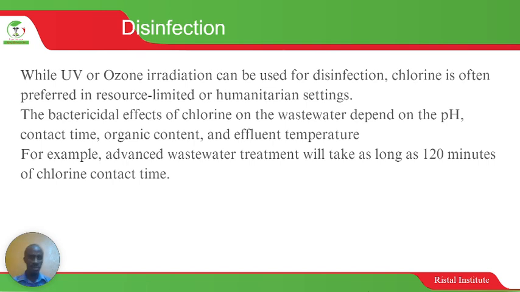So advanced wastewater treatment, or that wastewater treatment that aims at producing this water that will be used for irrigation of crops that are going to be fed on by human beings, might even take as long as 2 hours of contact time with chlorine, okay, or 120 minutes of chlorine being fed into that system so as to have purer water that can be used for this irrigation of crops that are going to be fed on by human beings.